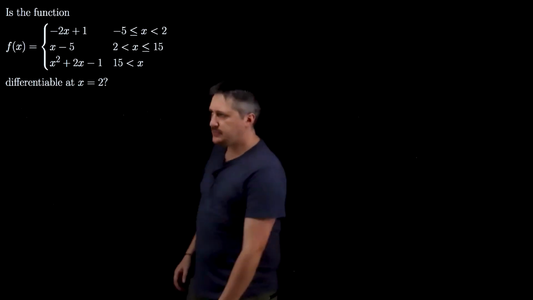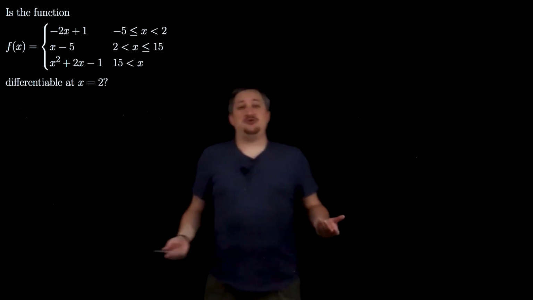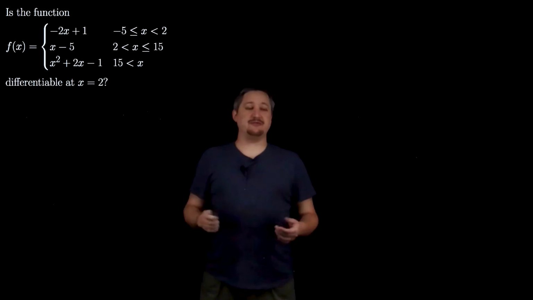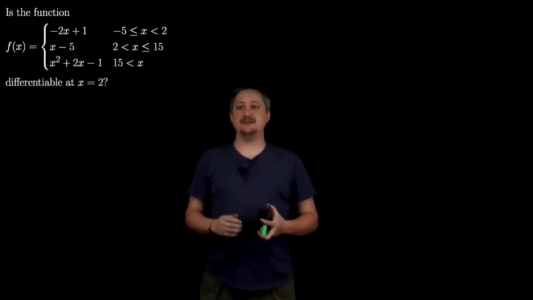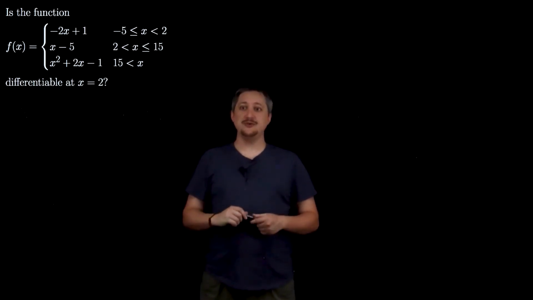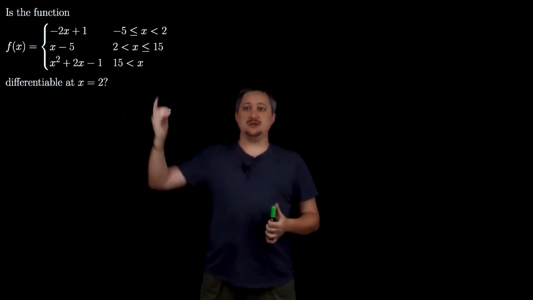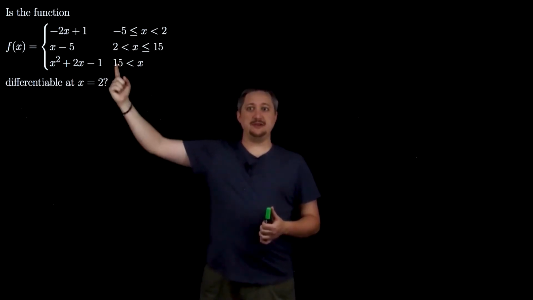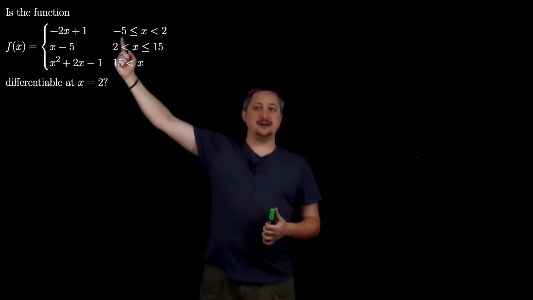Checking the first bit, looking at this, I don't even have to write anything down, because if I'm going to check if f is defined at 2, we look through and see, is 2 included in one of these pieces? So I have minus 5 less than or equal to x less than 2, so it's not in there.